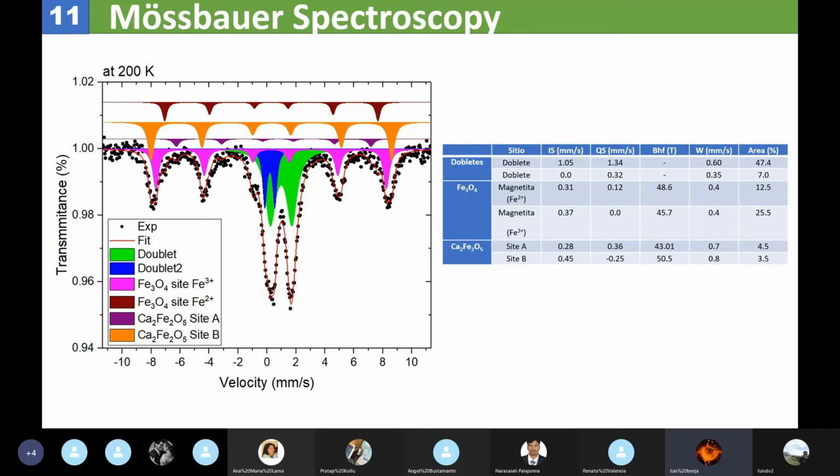The other doublets are the same as I mentioned before, with the suspicion that there is also wustite in the doublets in the center of the spectrum, and maybe nano-sized magnetite. The next, please.